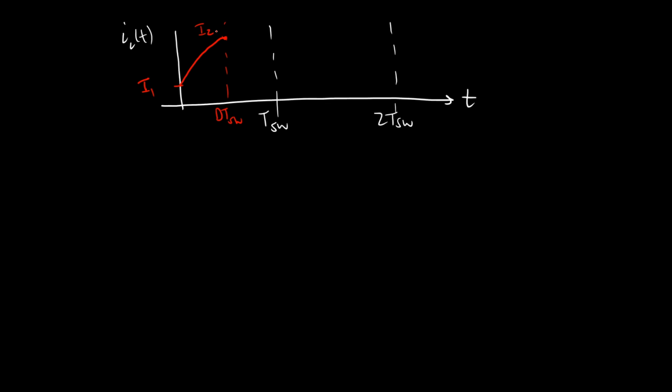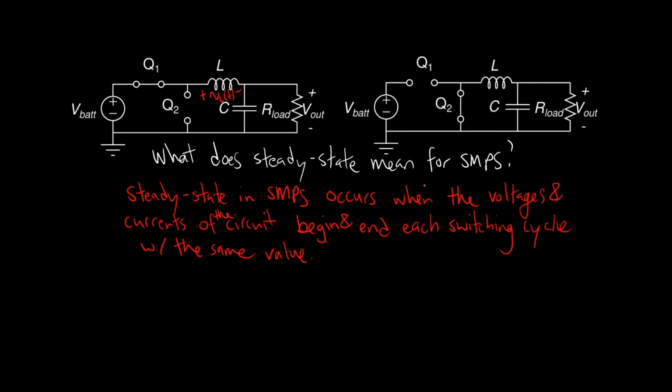Then, in the second switching state, the inductor current has a negative voltage applied to it, right? There's 0 at the positive terminal of the inductor, and there's some positive voltage at the negative terminal, which means that the derivative of the inductor current is negative, which means that the inductor current is decreasing.